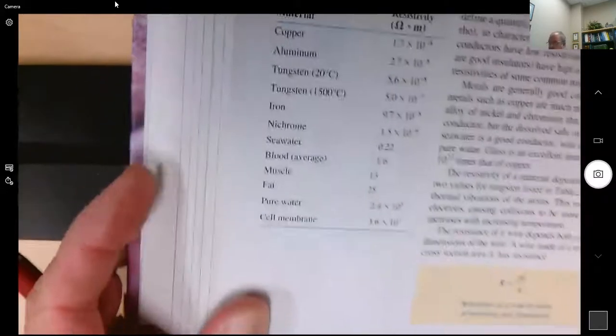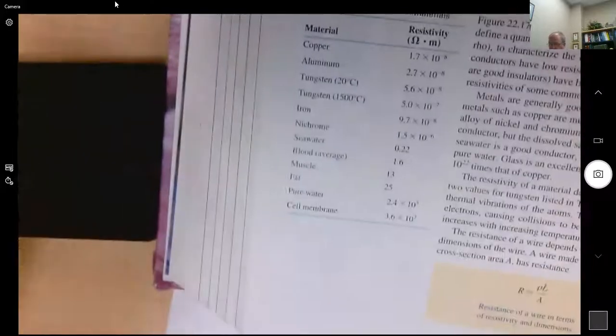Okay, where's my resistance? Okay, there we go. Sorry about that. So the resistance is equal to the resistivity times the length of the wire divided by the cross-sectional area. So we can go ahead and plug that in.